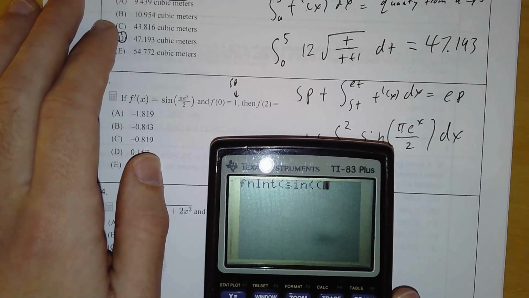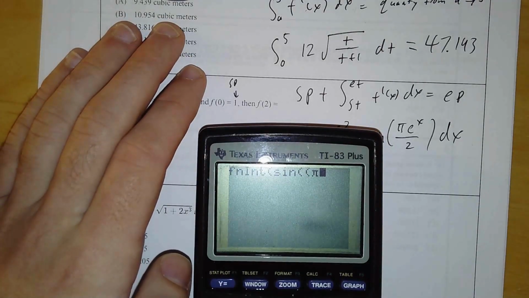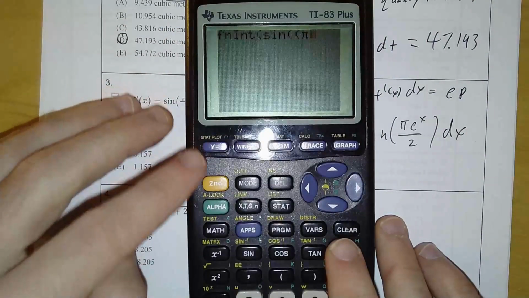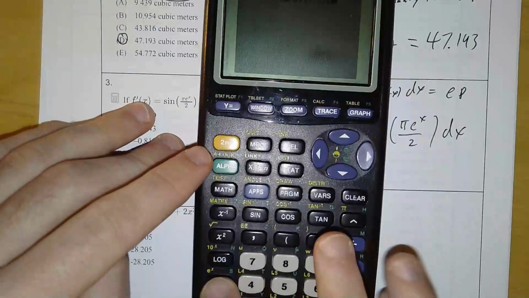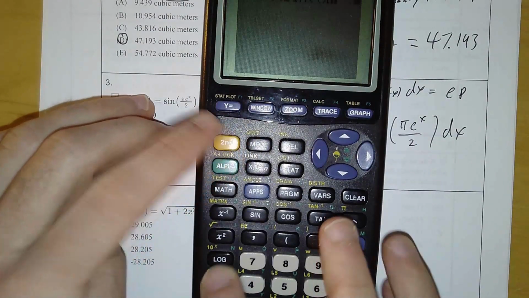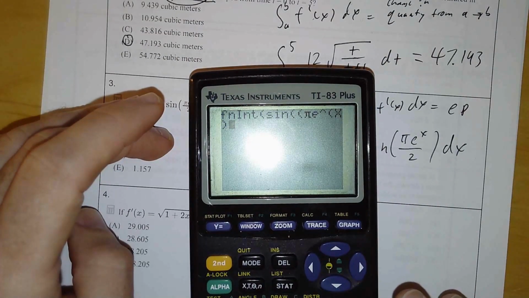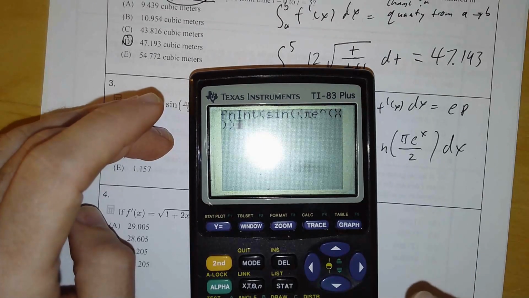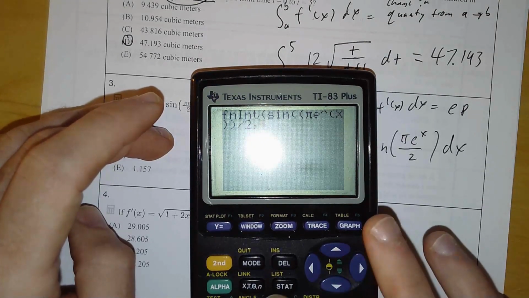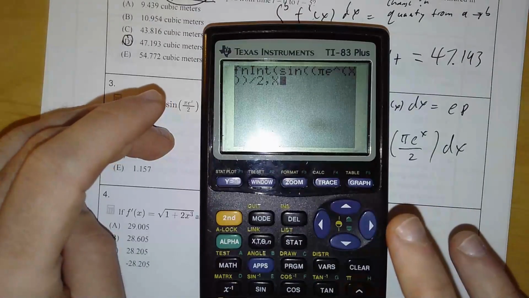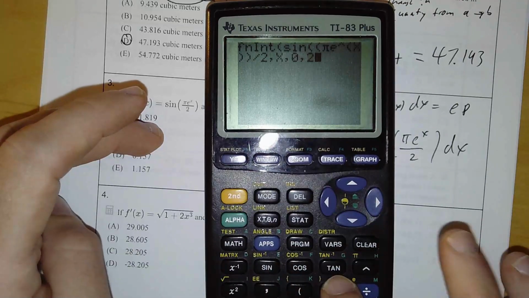So that's what I'm doing. I'm adding another parentheses here. So pi, that's second, then the up sign. I'll show you what I'm doing there. Pi, then e to the is right here, the ln right here. So second ln, e to the x, close that, close the next one, divided by 2, comma x, comma 0, comma 2.